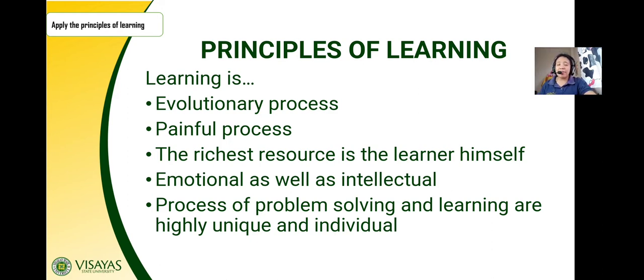The learner has both cognitive and appetitive faculty. That is why we need to appeal not only to cognition but also to the emotions of our learners. And then the last one, process of problem solving and learning are highly unique and individual.